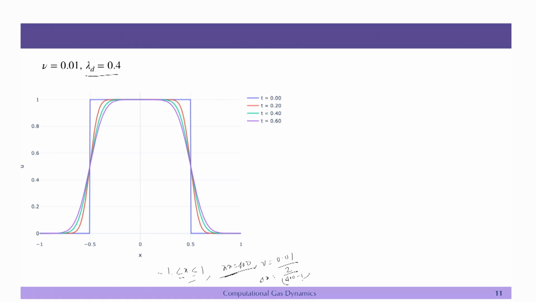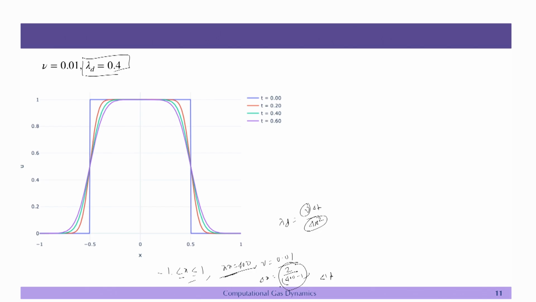Now, from delta x and lambda d you can calculate the delta t, that will give you the time step, because lambda d is equal to nu delta t by del x square. You know the value of delta x and the value of nu, so you can calculate the value of delta t. We are taking this as a parameter because this is what will govern whether the system will be stable or not.